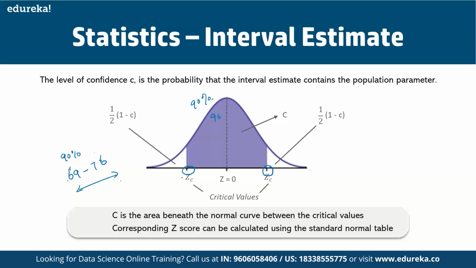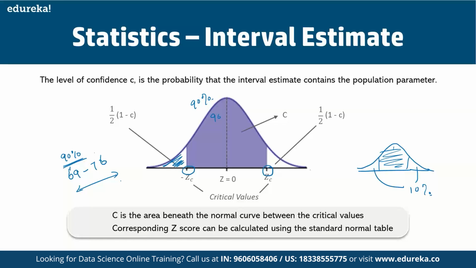All right. So how confident am I saying that this is the average age? I am 90% confident, right? So this is my 90% confidence value. And what will be the remaining value, guys? So this is my curve. This is totally 100. And I'm saying this range is 90. That means these ranges put together should be 10%, right?